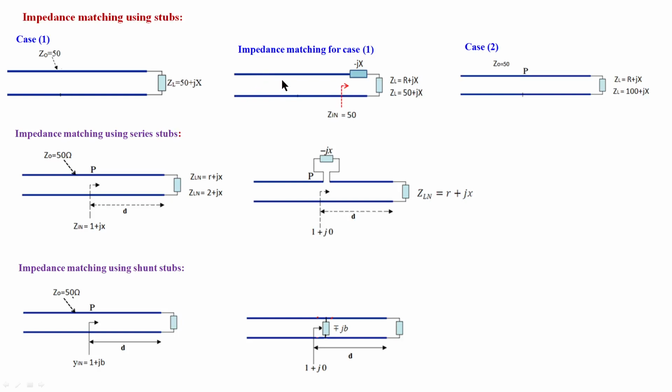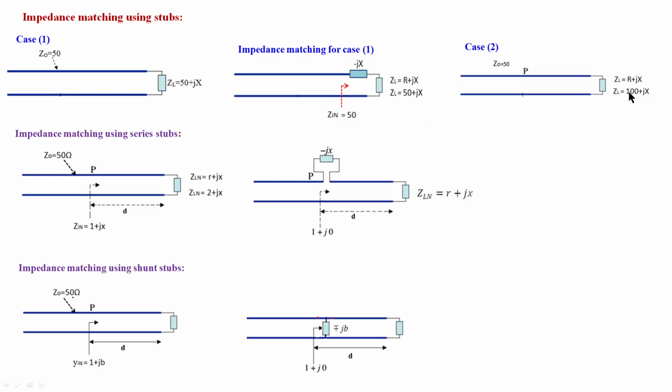Whenever the wave comes, it feels like there is a 50 ohm load, and it delivers maximum power to this part of the network. Assuming it is lossless, you get maximum power delivered to the load. That is the idea behind impedance matching. If the real part is 50 ohm, just adding a minus jX gives a match.